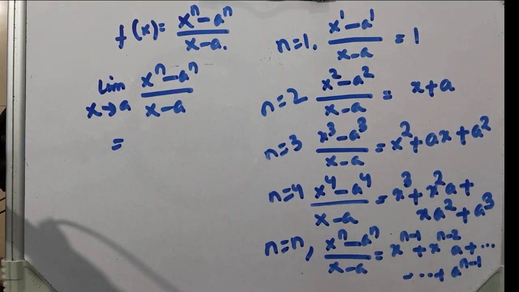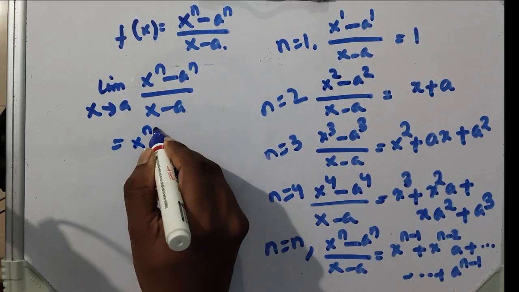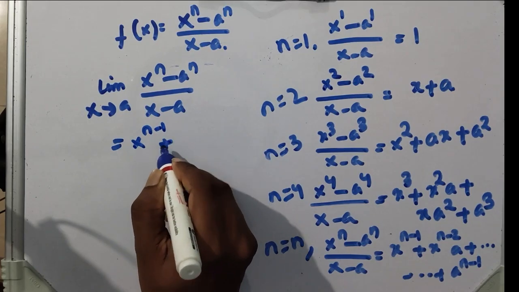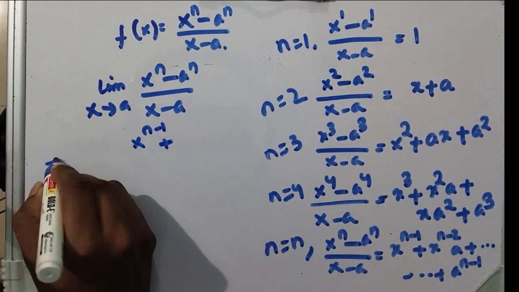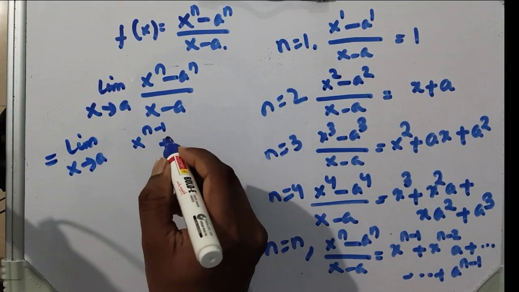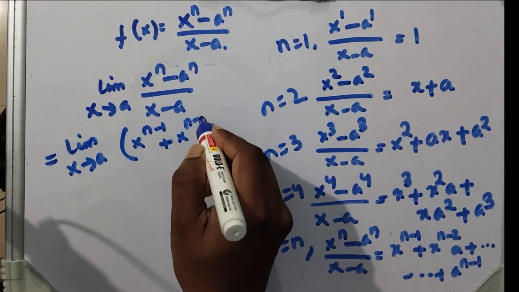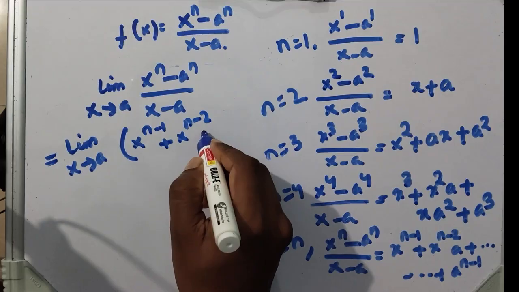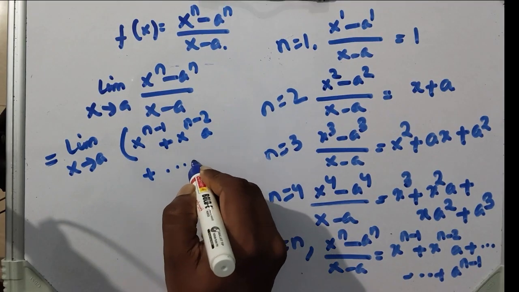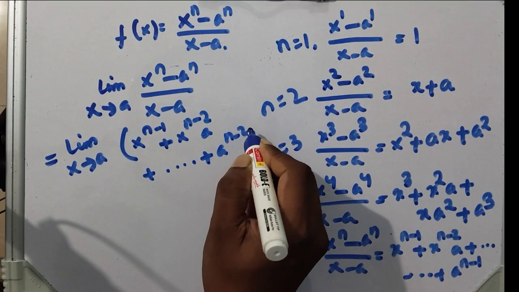So we can write limit x tends to a of x to the power n minus 1 plus x to the power n minus 2 a plus dot dot dot plus a to the power n minus 1.